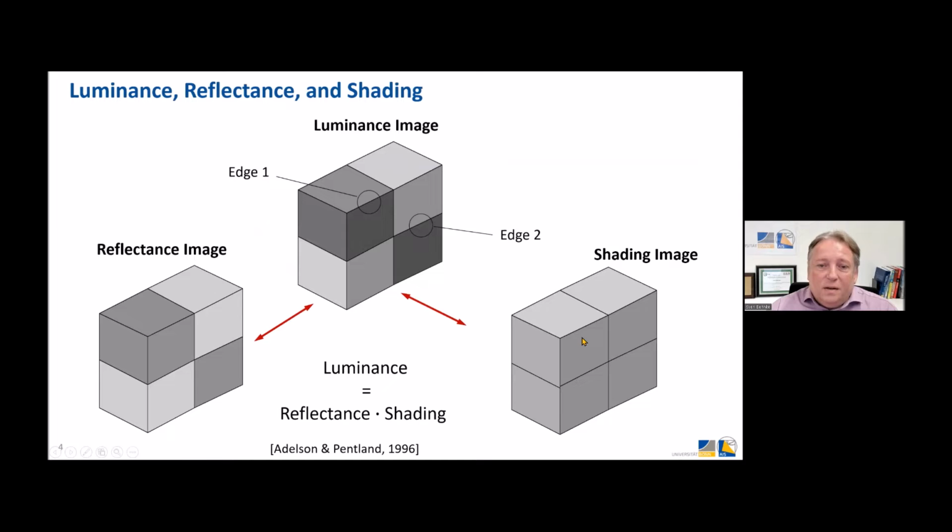And assuming a Lambertian surface where light is reflected in all directions, we can have this very simple model that the luminance is a product of reflectance and shading. But if we have this product, we cannot really say from which component it actually comes.